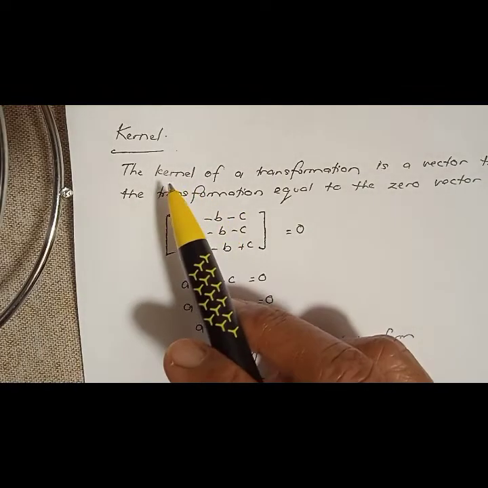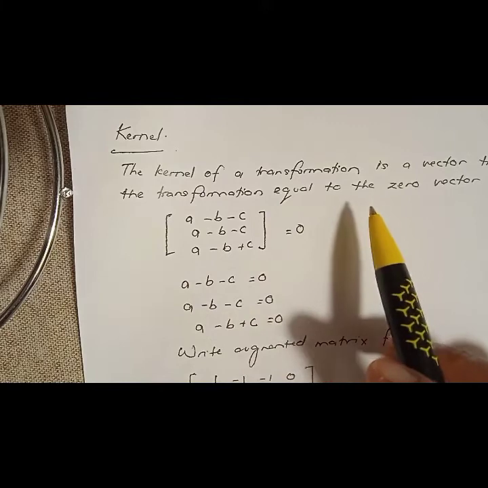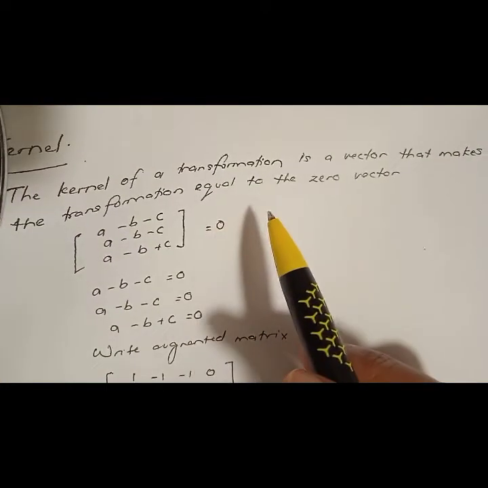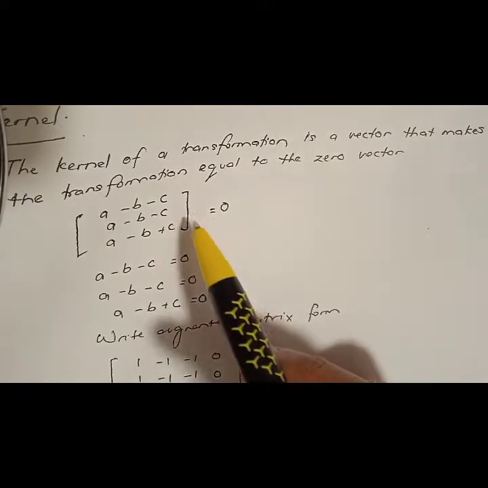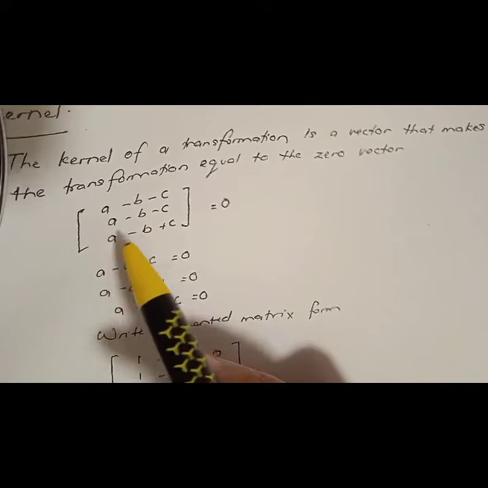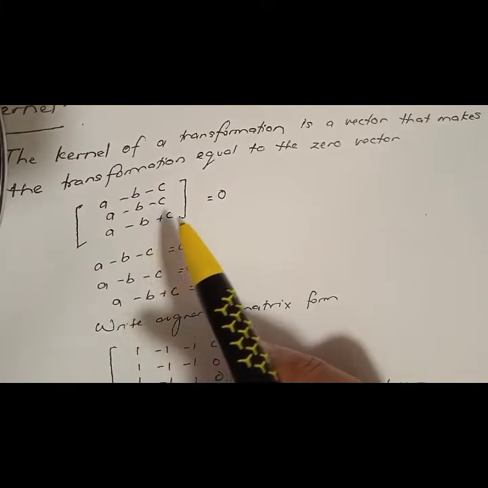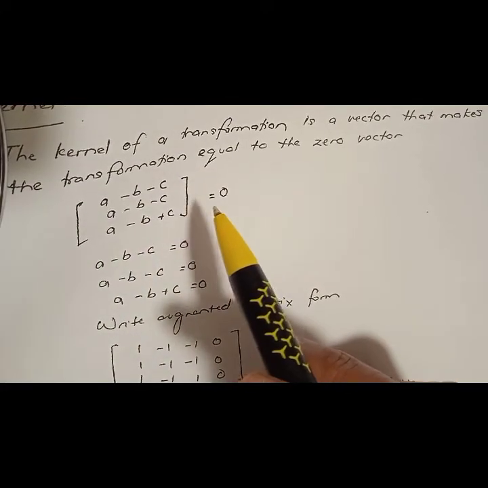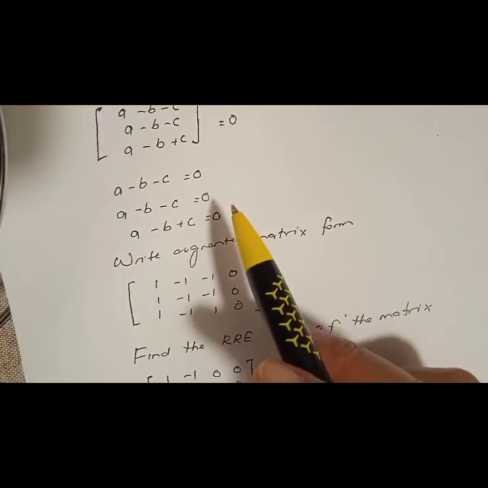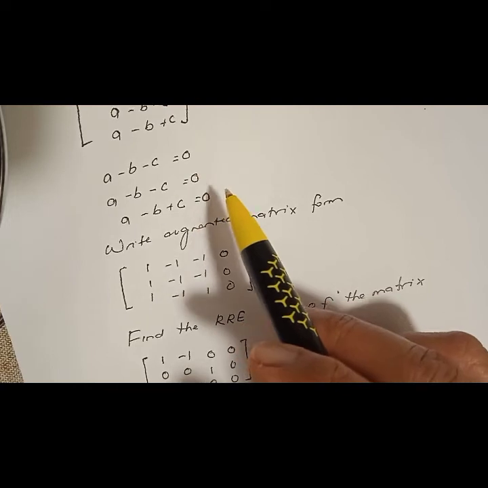Okay, example: kernel. The kernel of a transformation is the set of vectors that make the transformation equal to the zero vector. So this is the linear transformation defined by a matrix of this form. When this transformation is set to 0, we solve the three equations.